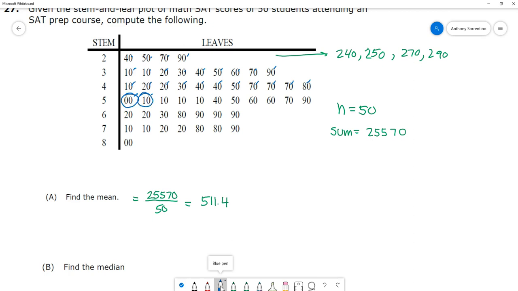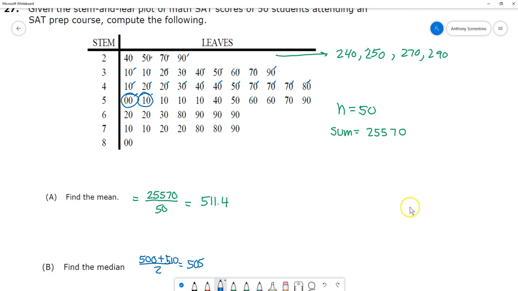The median would be between those two. So 500 plus 510, the average of those two, would be 505. And they're pretty close to the mean value too.